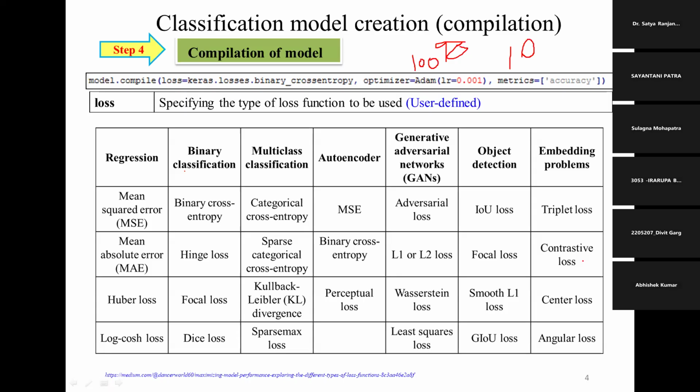Some works currently take CT and MRI images, merge the concepts of CT and MRI, and generate a new image. In those cases you can consider contrastive loss or center loss. So these are embedding problems. This is the use of loss function.